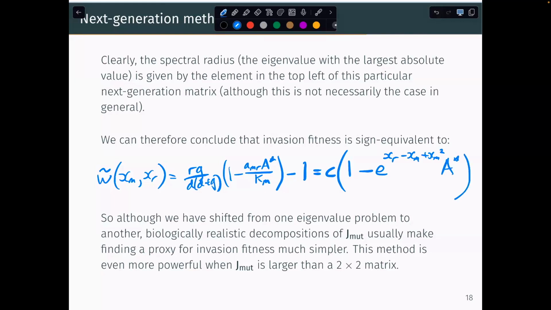This step is just substituting in what I defined a_MR and K_M to be right at the beginning of the lecture, so don't worry about it too much. I don't want to spend ages going through the algebra; you can work through that in your own time if you wish. I've just collapsed all of these terms into one new parameter C. And sorry, this should have a minus 1 on the outside.